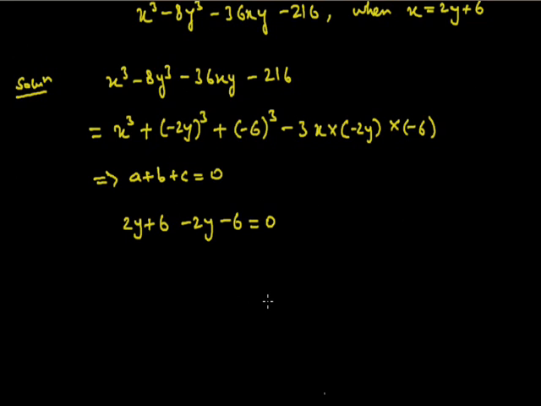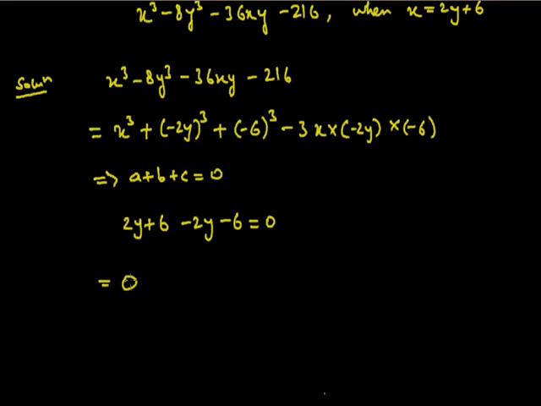That is, if a plus b plus c is equal to 0, it means that a cube plus b cube plus c cube minus 3abc will be equal to 0. So the value of this expression is actually equal to 0 because a plus b plus c is 0. It means the RHS part of the same identity will be equal to 0. If RHS is equal to 0, it means the value of this expression will again be equal to 0.